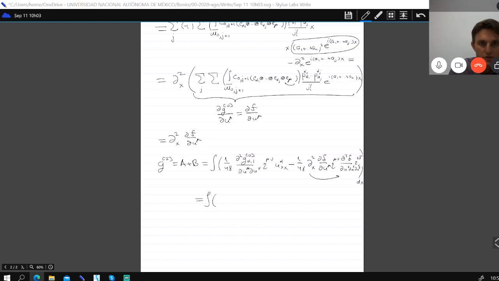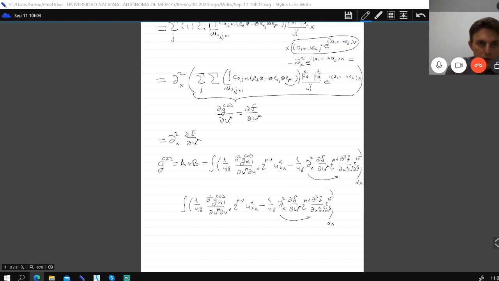This is equal to the integral of 1 over... So just move this dx to here, dx squared here, dx squared, dx. So this is the formula that we get.